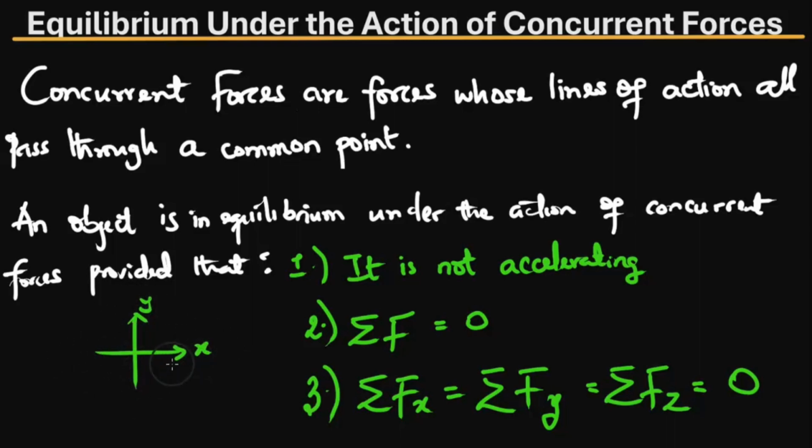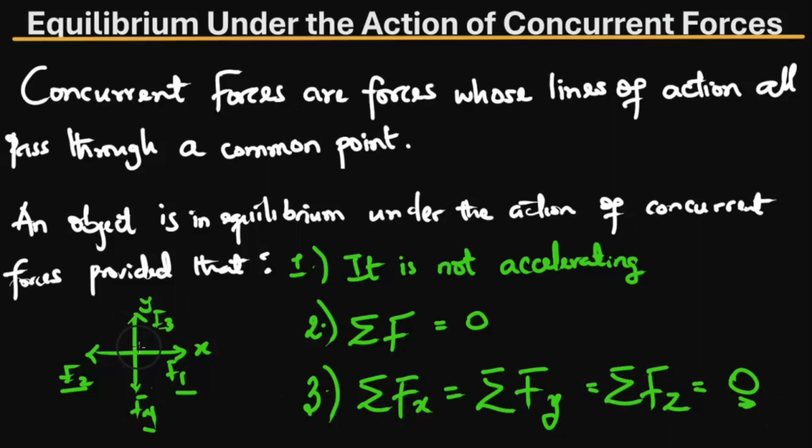So let's say we have force F1 acting here, force F2 acting here, force F3 acting here, force F4 acting here. The summation of forces in the x direction, which is F1 and F2, must be equal to 0. The summation of forces in the y direction, which is F3 and F4, must be equal to 0.